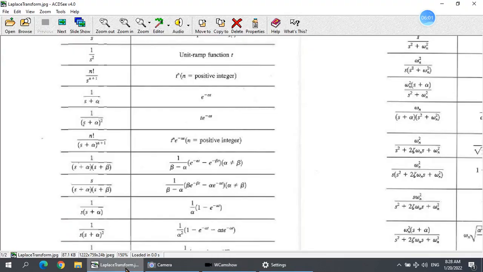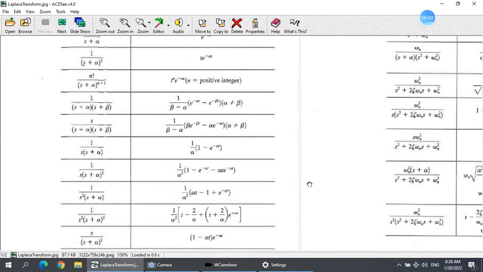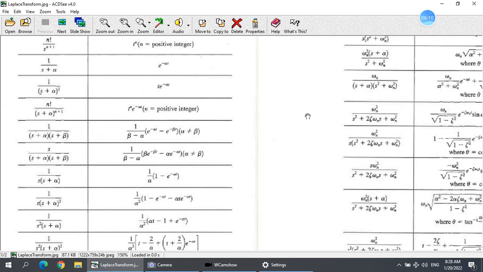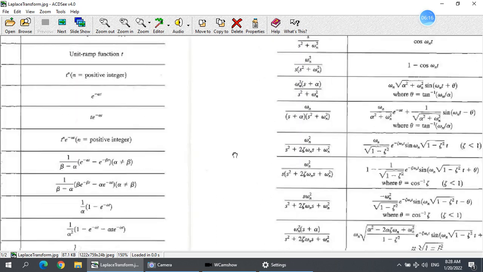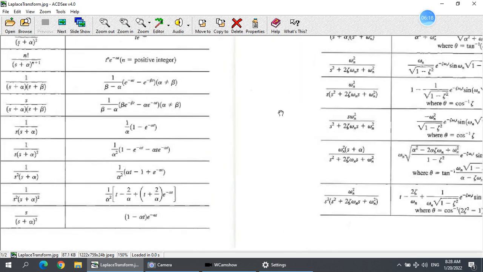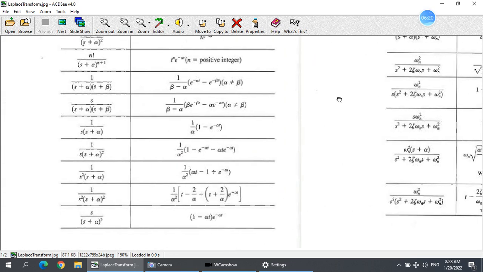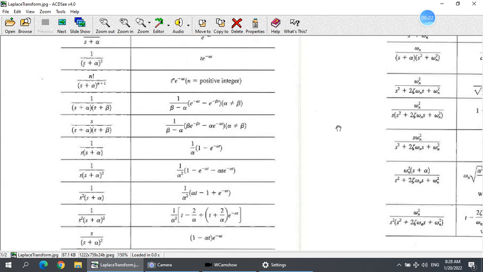This time, we do not have 3 factors in the denominator in our table. Maybe you can find other tables online that contain fractions with 3 factors in the denominator, but here we do not have that. This is the table from our textbook. We do not have 3 factors in the denominator.